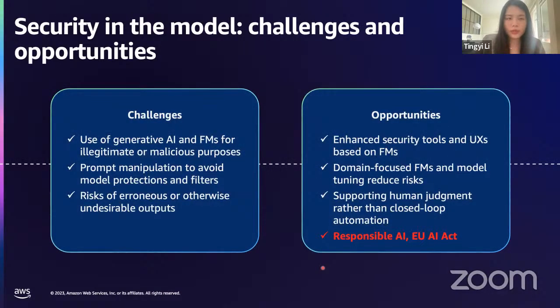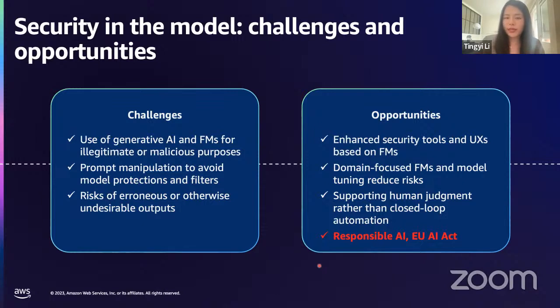Just very quickly on the security point, responsible AI is an emerging topic as well. All these model vendors are part of the community. Because this technology has really taken the world by storm, the regulations can't really catch up with the speed of its emergence.